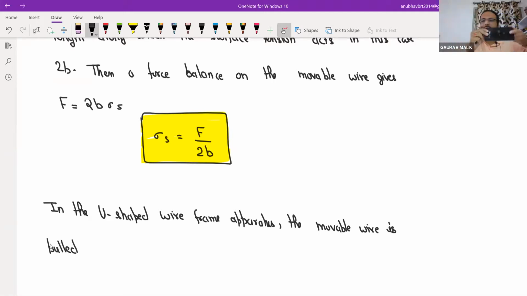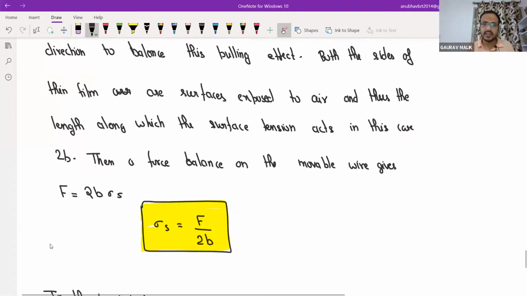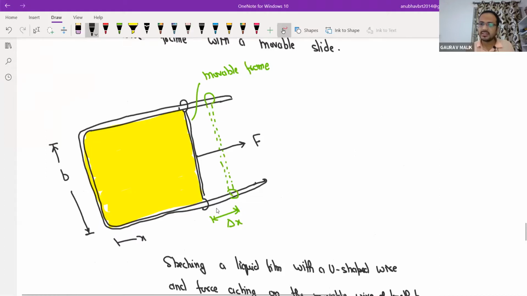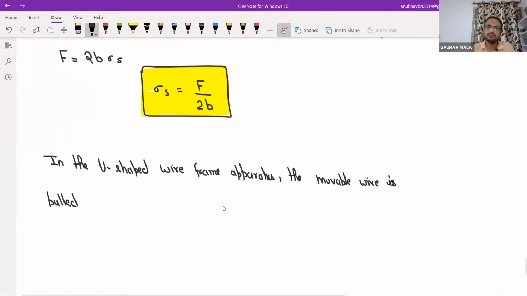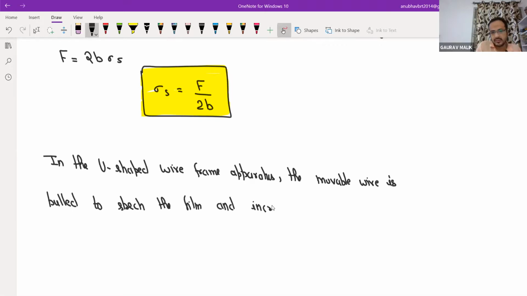Suppose this is the point, and if you stretch it in this direction, then this liquid film is also going to stretch. Yesterday we assumed it stretched by delta x, so you are able to calculate the work also. The movable wire is pulled to stretch the film and increases its surface area.